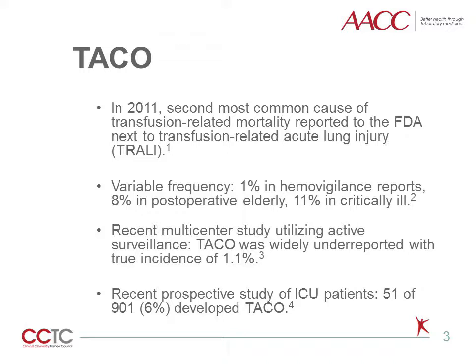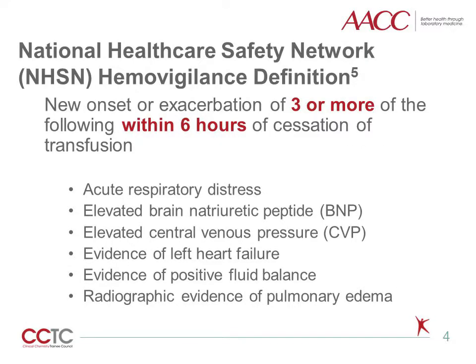In a recent prospective study of intensive care unit patients receiving blood products, 51 of 901 patients, or 6%, developed TACO. The Centers for Disease Control's National Healthcare Safety Network Hemovigilance System, or NHSN, has defined TACO as the new onset or exacerbation of 3 or more of the following within 6 hours of cessation of transfusion.